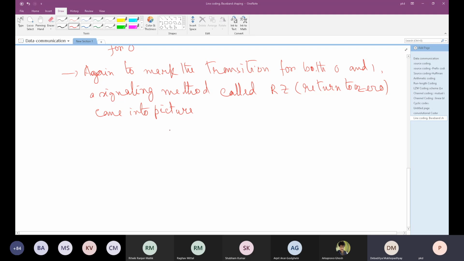Because in this case, we have to make an event at the middle of either 0 or 1 such that the level is shifted to the 0 level. That can be done if the clock is run at twice the rate.